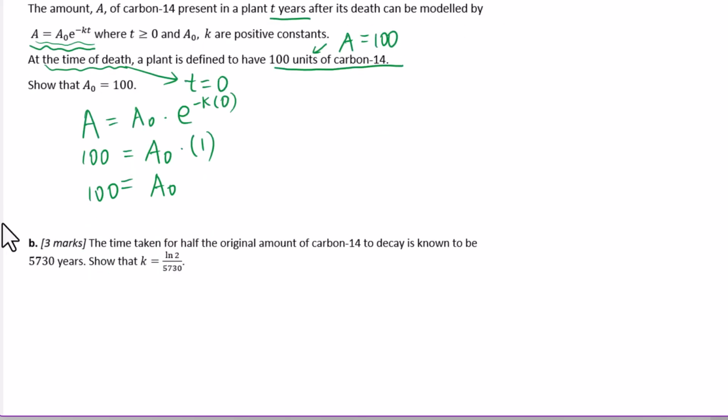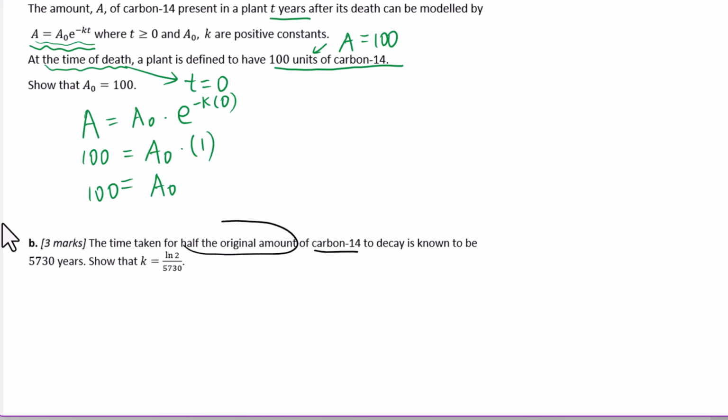Let's go to B. The time taken for half the original amount of carbon-14 to decay is known to be 5,730 years. Show that k equals natural log of 2 over 5,730.